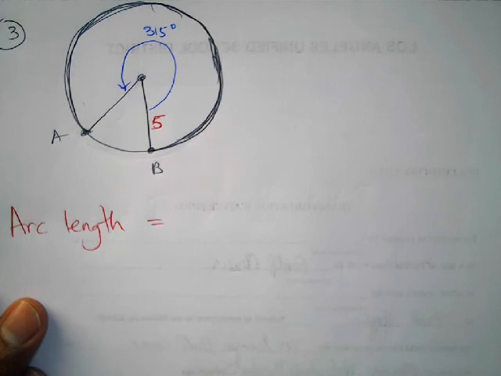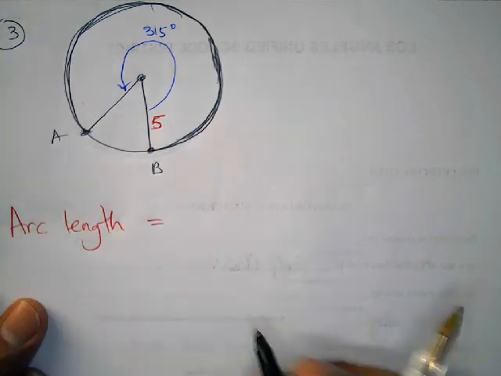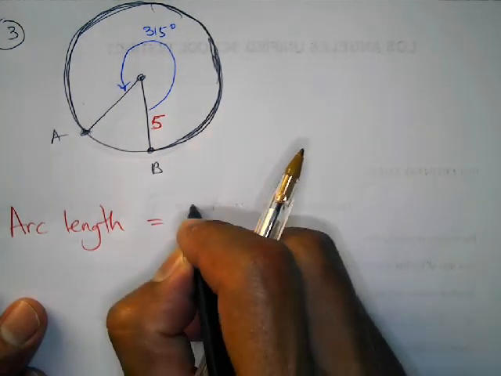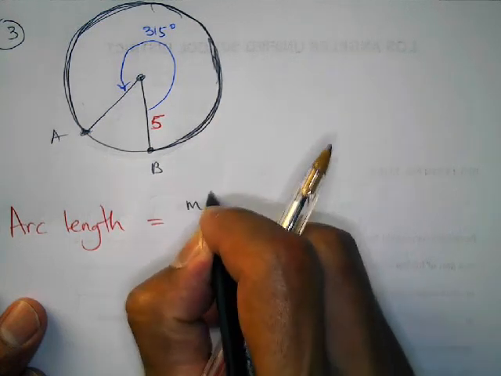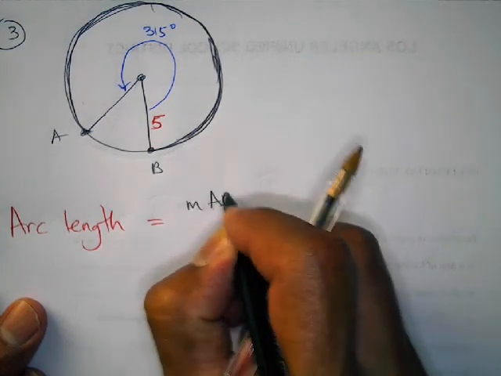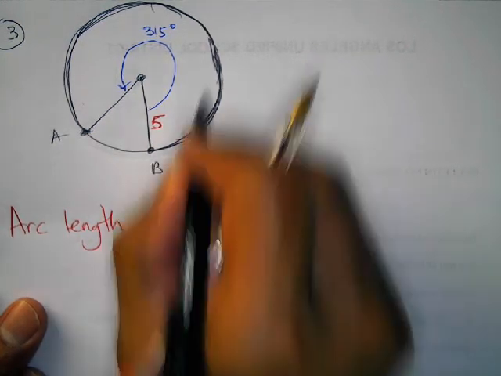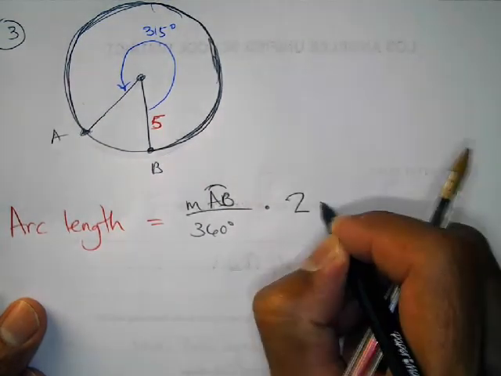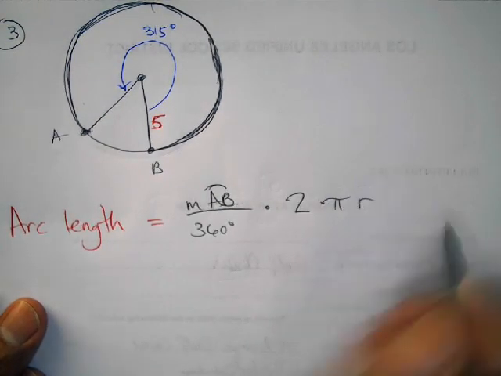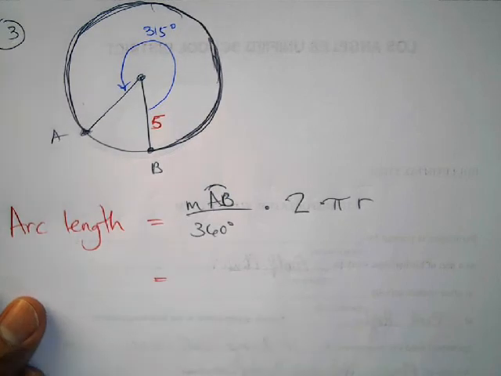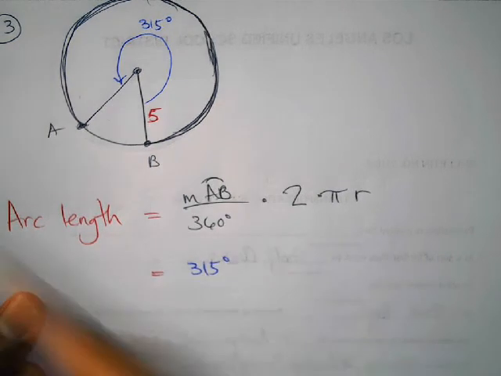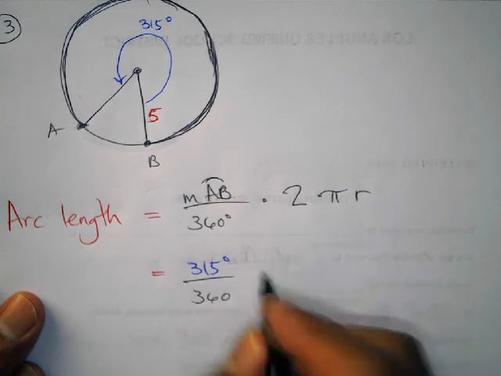Okay, so here it is. Arc length of A to B is equal to what? Well, remember, it's the measure of the angle divided by 360 times 2 pi r.